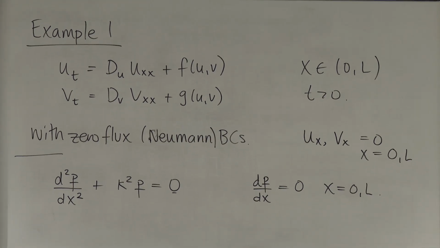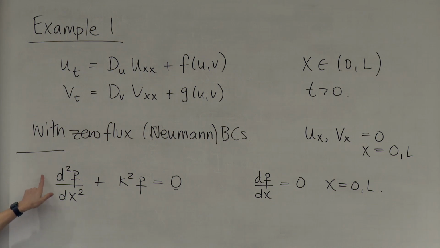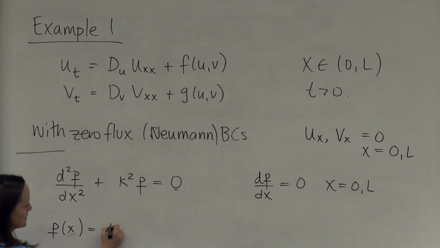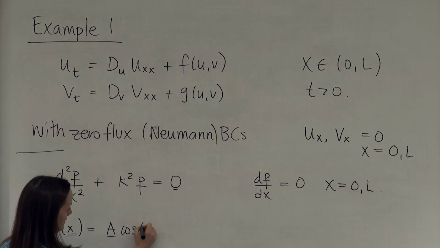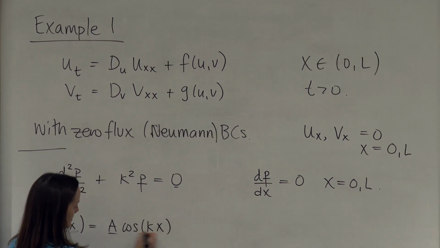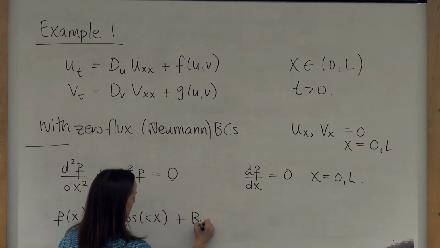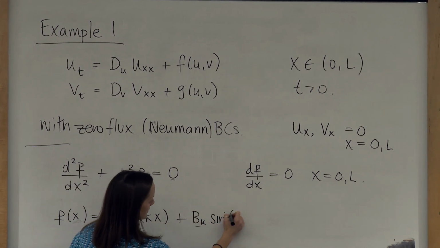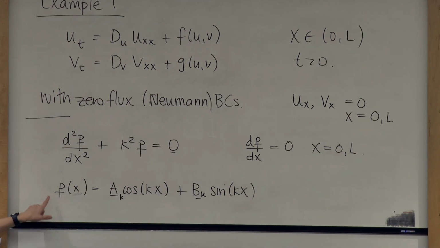If you think about what solutions to this type of problem look like, let's write it out. p of x is equal to some a_k cos of kx plus b_k sine of kx. That's just the general solution of this problem.